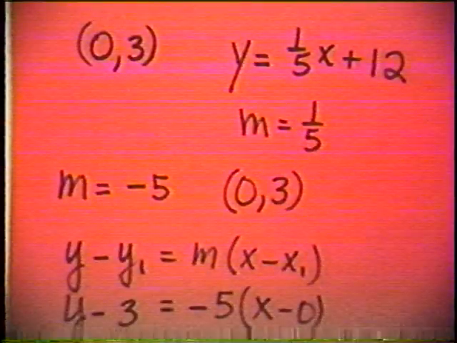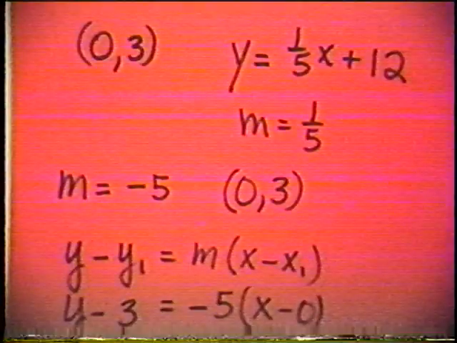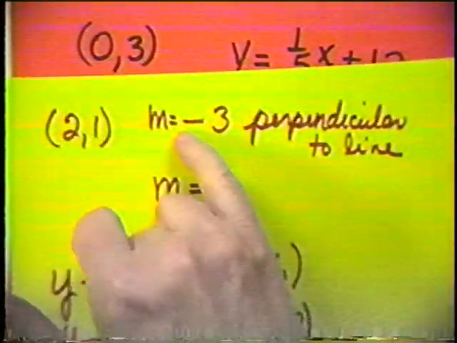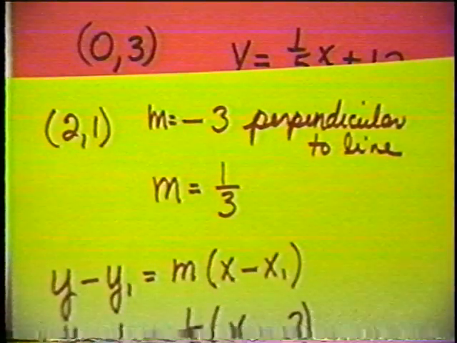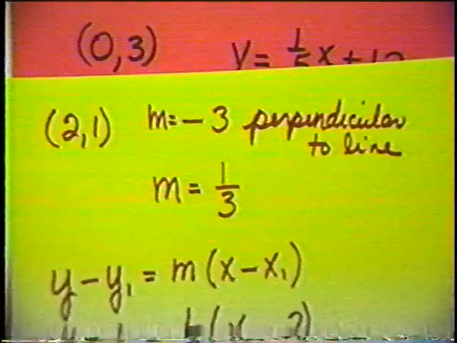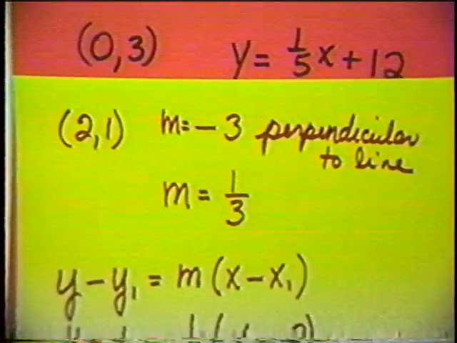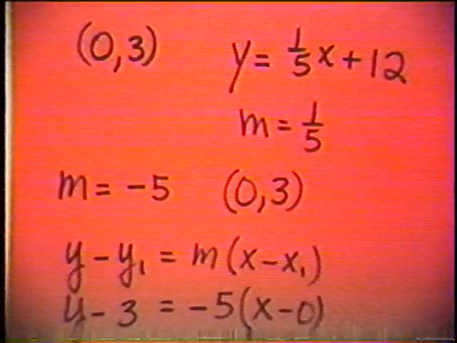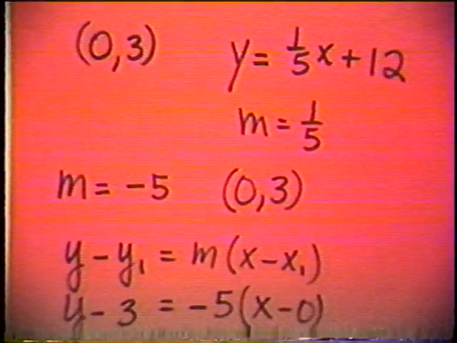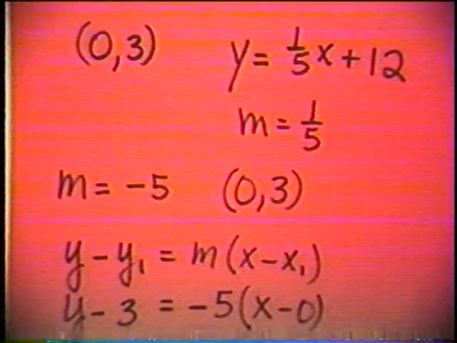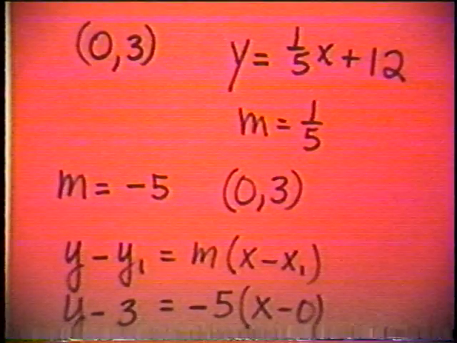If this one's negative, then this one has to be positive. Reciprocal is just like tipping it over. If it was 2/3, the reciprocal is 3/2. If it's 3, the reciprocal is 1/3, and so on. Okay? That's perpendicular. If we wanted it parallel to the line, then the slopes would stay the same.